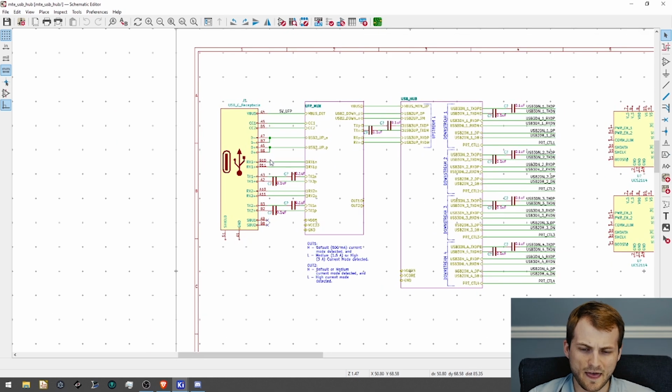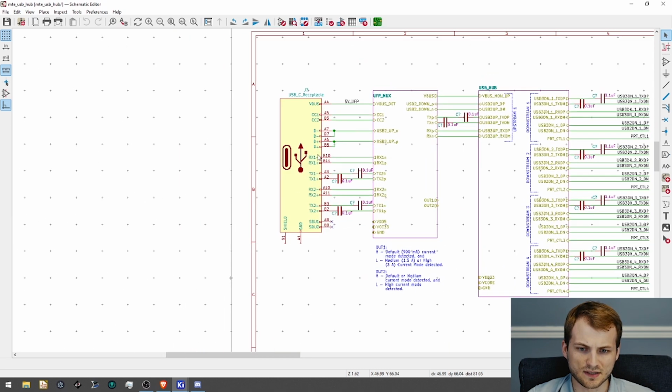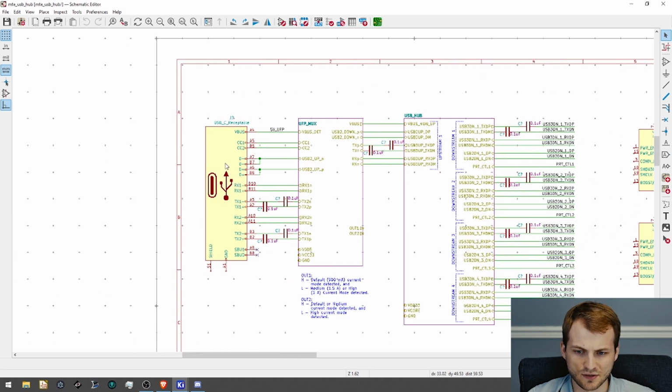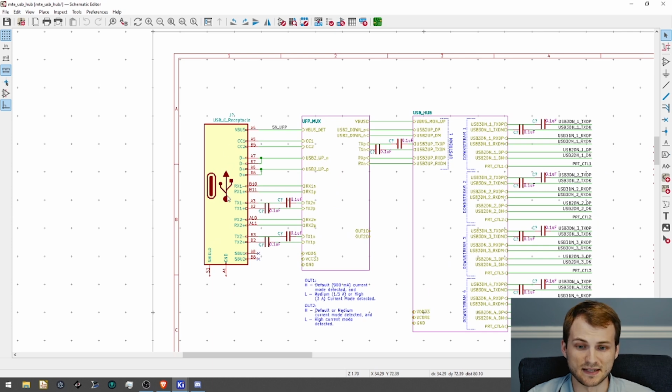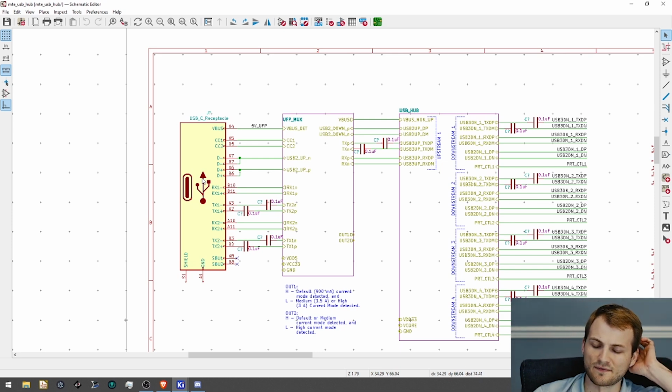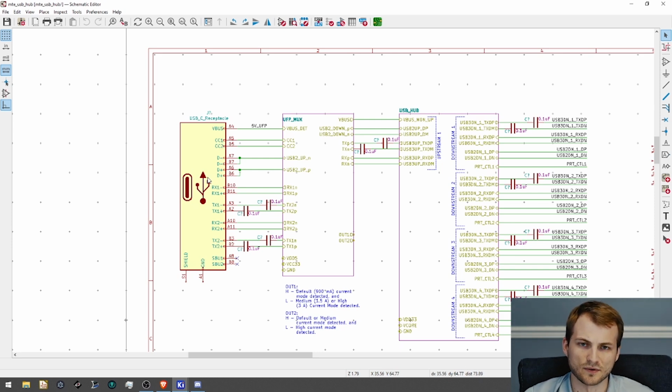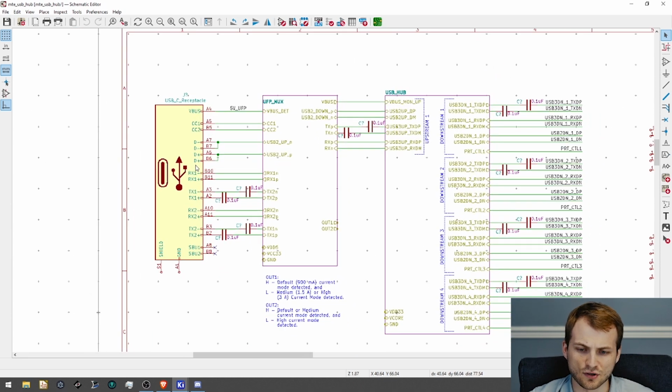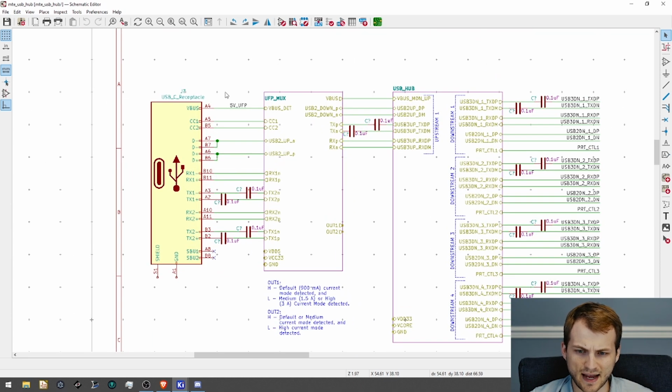So on the input side, we have our single USB port, our USB-C, and that's considered an upstream facing port. So this is what is facing your desktop or laptop computer. Like I said in the intro, I do not have any ESD protection on this.